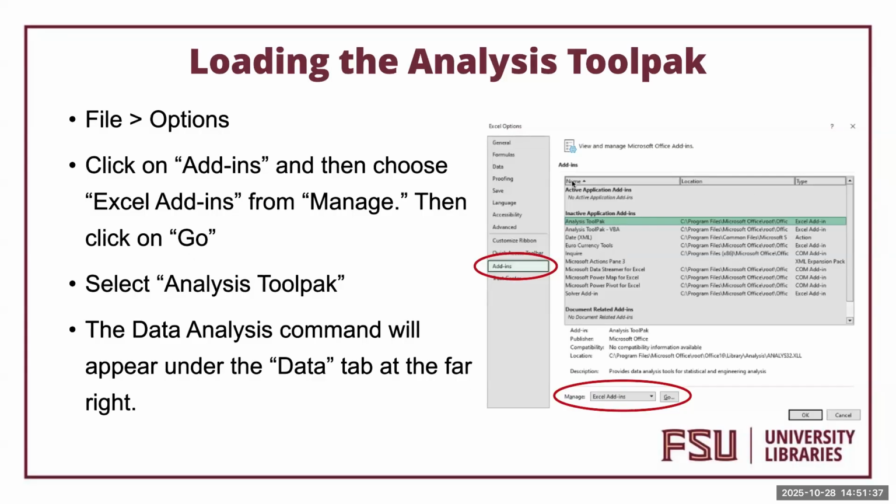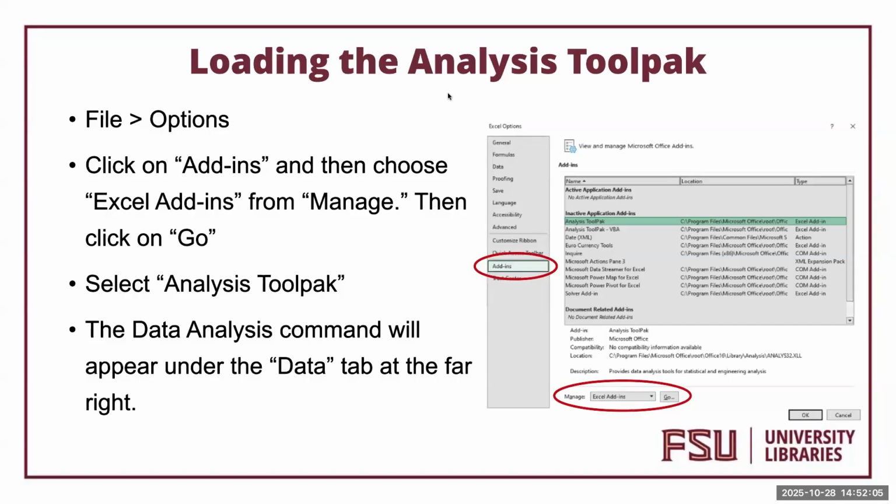But on the screen here are some instructions for how to do this on a Windows machine. If you are on a Windows computer, you would first want to navigate to your File tab on the upper left-hand side of the page, and then scroll all the way down to the bottom and click on Options.